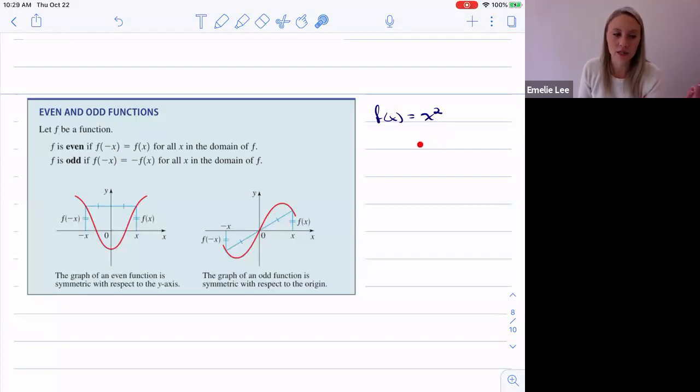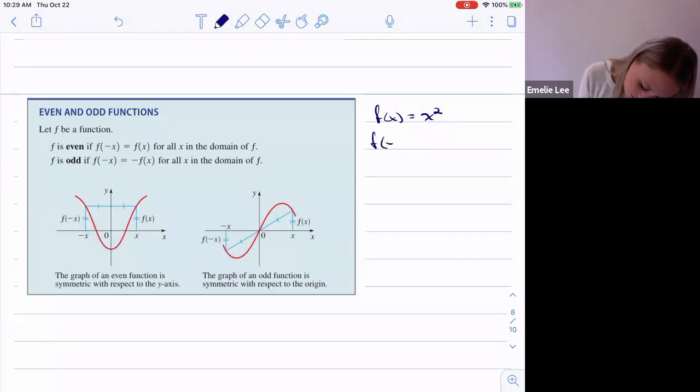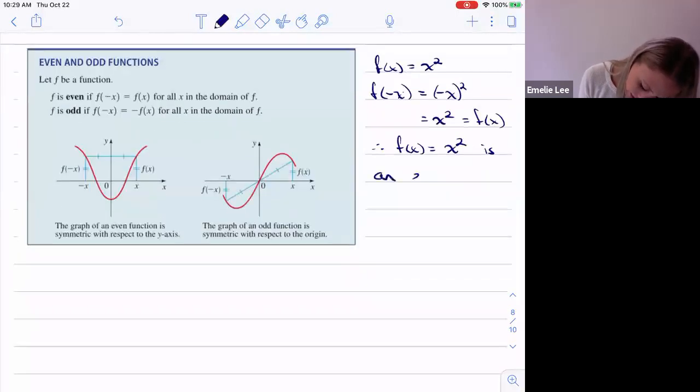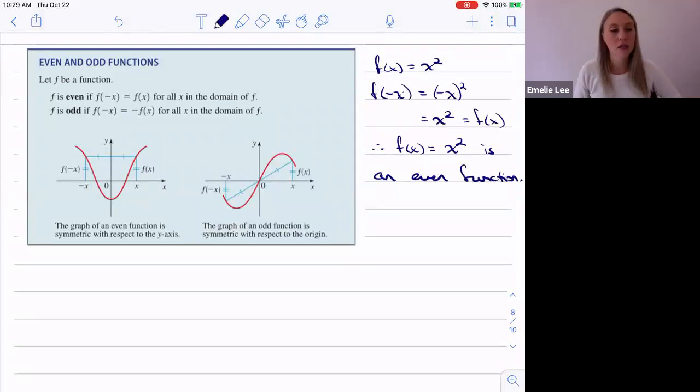If the highest power is odd, it's an odd function. So f of x equals x squared. If you do f of negative x, well, negative x squared is the same as x squared, which is equal to f of x. Therefore, f of x equals x squared is an even function. Just a quick proof of how these things work.